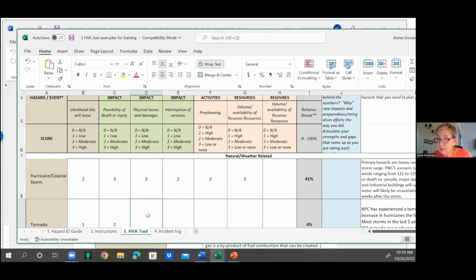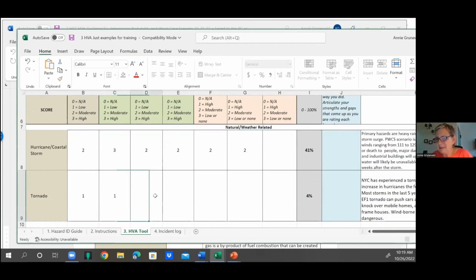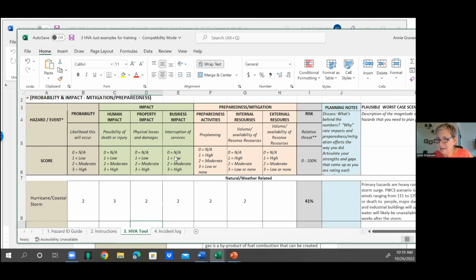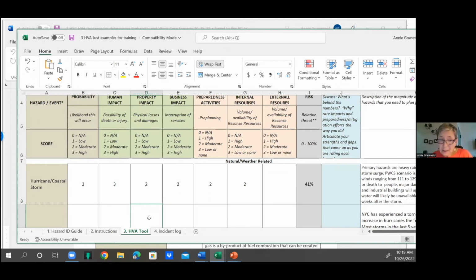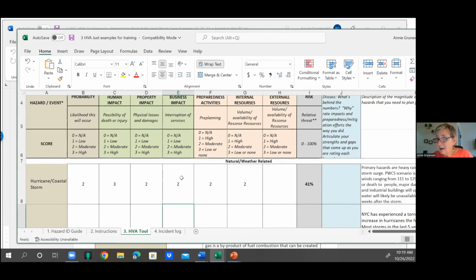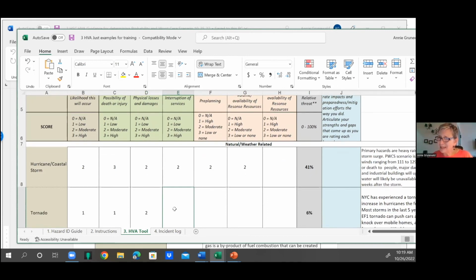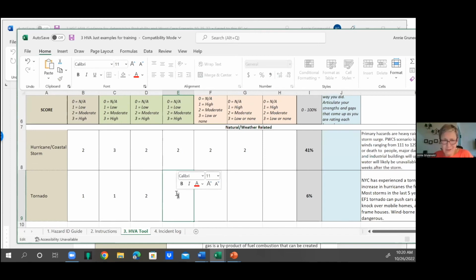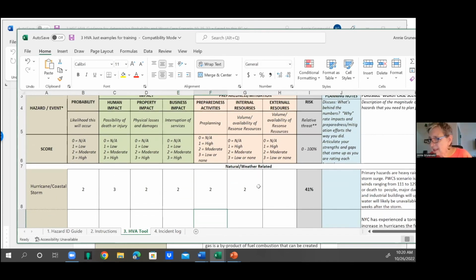Certainly possible damage. Maybe our people is less than that. Maybe we say that it's a 1. Property impact, probably at least a 2, because if it does hit us, it certainly could interrupt services. It might only affect one facility, though, so maybe that is a 1 or a 2. We'll say a 2.